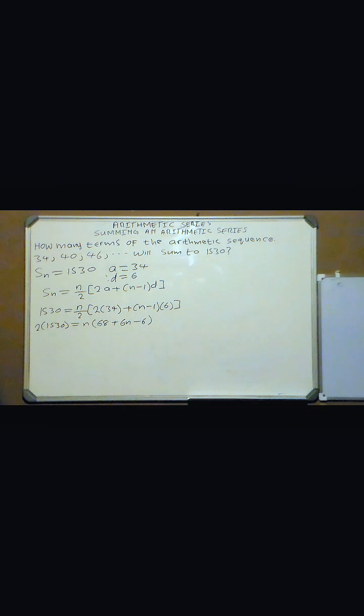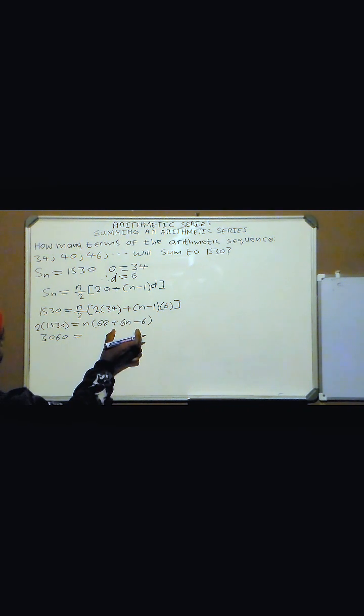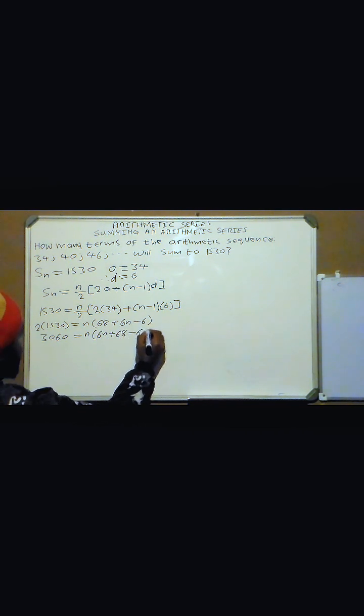So 2 times 1000. So for this one, I'll have 2 multiplied by 1530. This would give me 3060. So this would be 3060 equals, then I distribute the n, or rather let me first solve what is inside the bracket. So this will be n multiplied by 6n plus 68 minus 6.